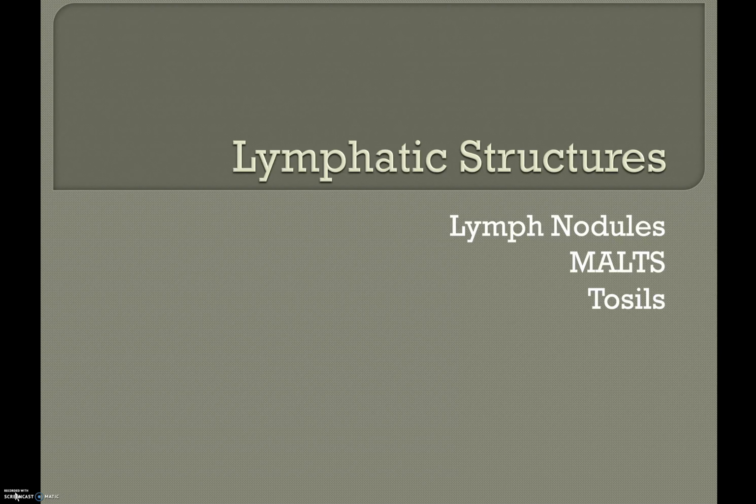However, lymphatic organs are surrounded by a connective tissue capsule. There are 3 lymphatic structures that we will talk about. Those are lymph nodules, MALT or mucosa-associated lymphatic tissues, and tonsils. These three are lymphatic structures. Don't get confused between lymphatic structures and lymphatic organs.